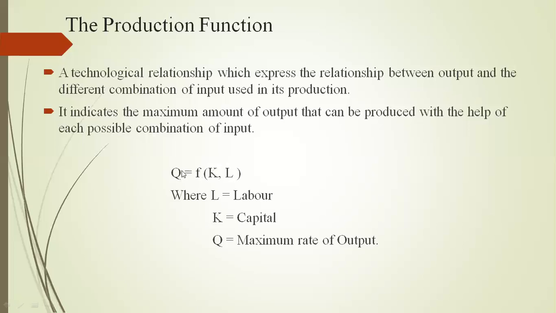Function means the output depends on your labor and capital. So Q is the maximum amount you are producing with this much capital and this much labor. There will be an equation between quantity of output and labor and capital. We will see what kind of equations you get when we solve some numericals.